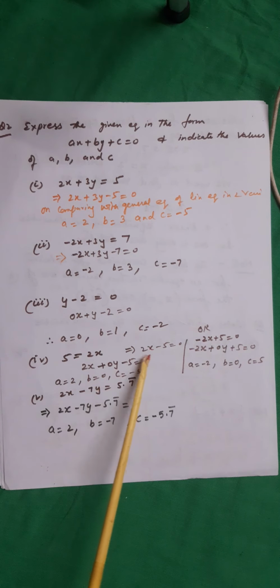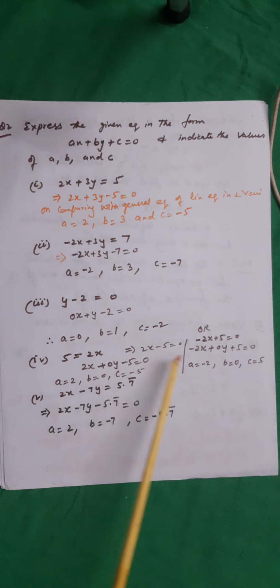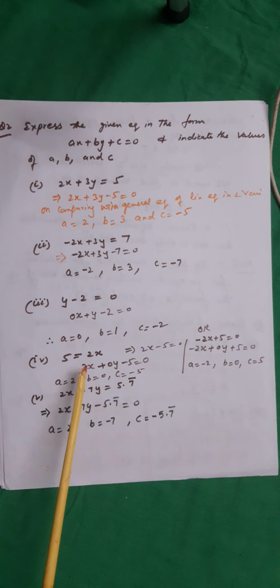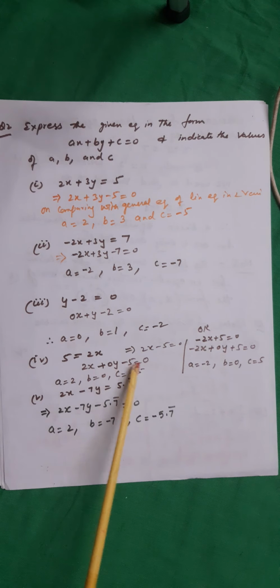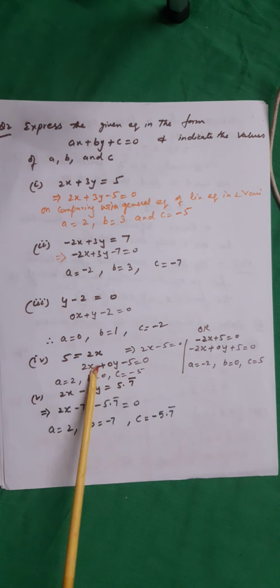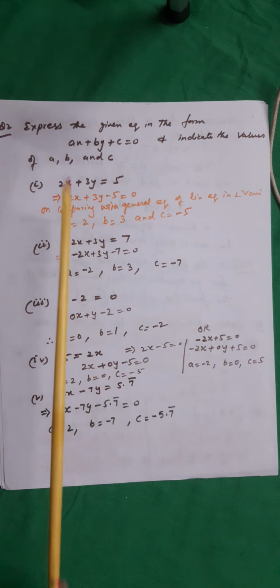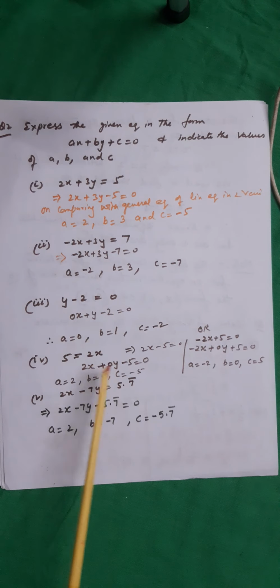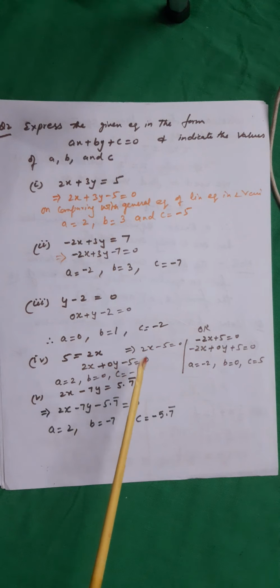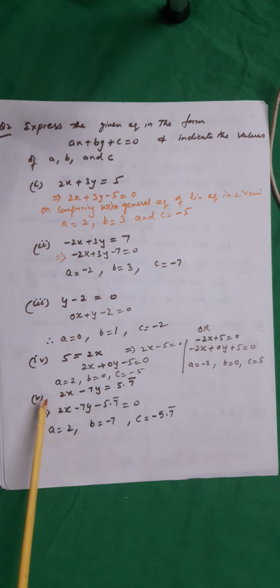Another way is this, that I have taken this 5 on the other side and I am having 2x minus 5 is equal to 0, 2x plus 0y minus 5 is equal to 0. This is this form. Now I can do the comparison. So a is equal to 2, b is equal to 0 and c is equal to minus 5.